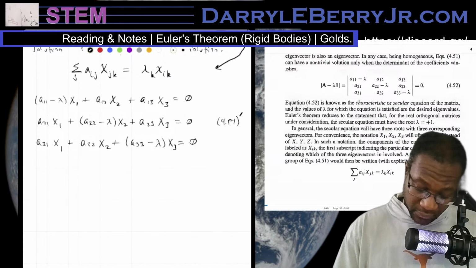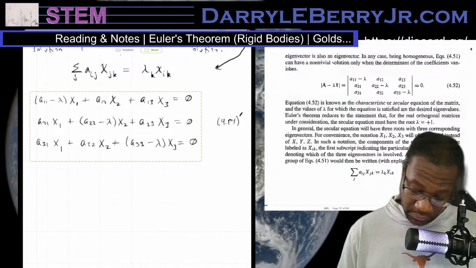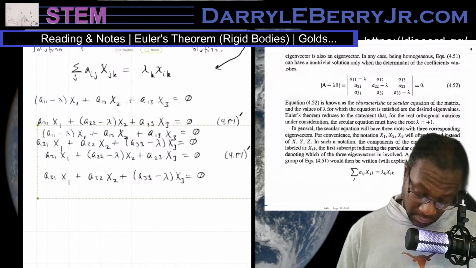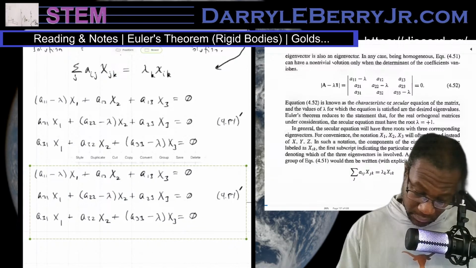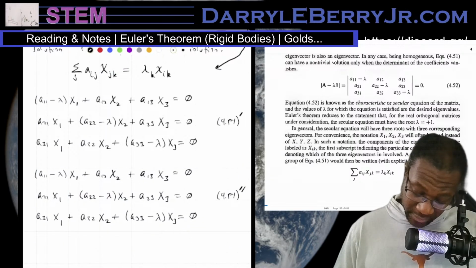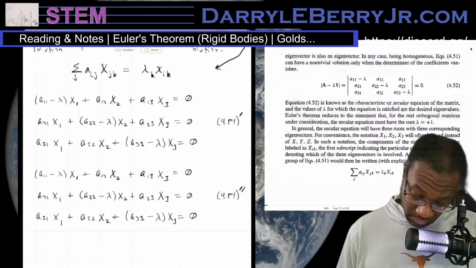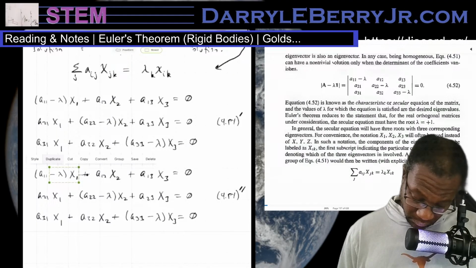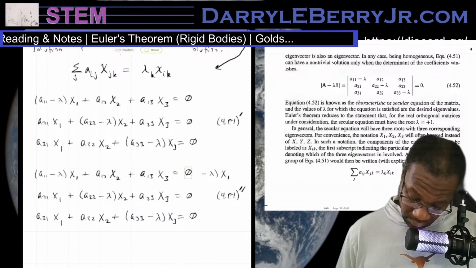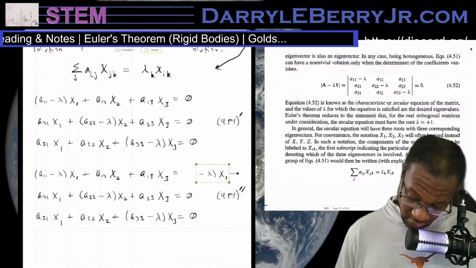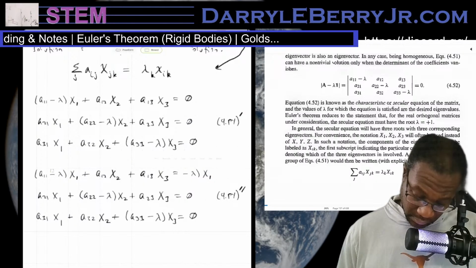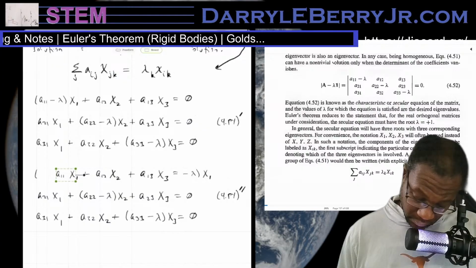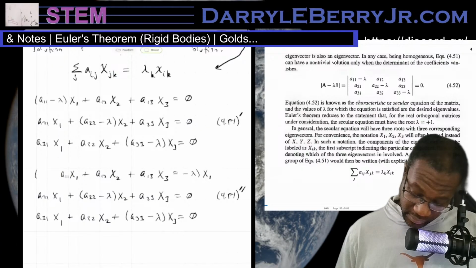So then we have 4.51 double prime. Let's see where we're going. So we have this.